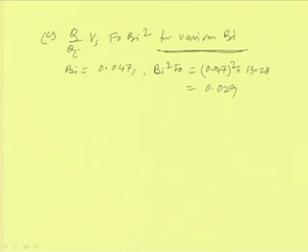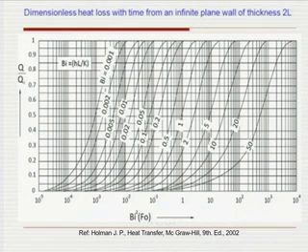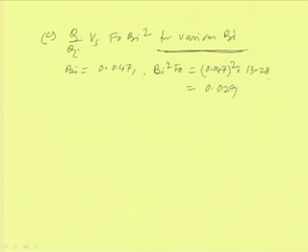Now, once we know the value of Biot square into Fourier number, and we know the value of Biot number, then if we see the chart, yes, for different values of Biot number and for different values of Biot square into Fourier number in the semi-log plot, we can find Q by Qi is coming to be 0.425.